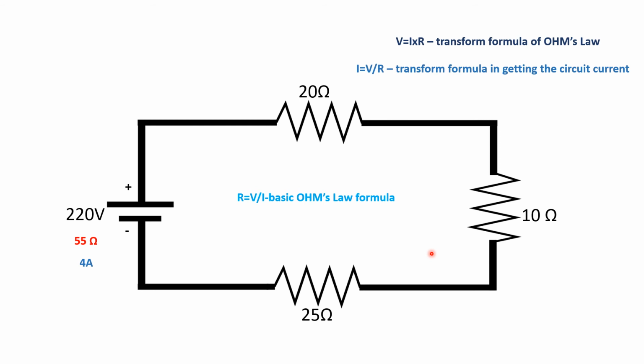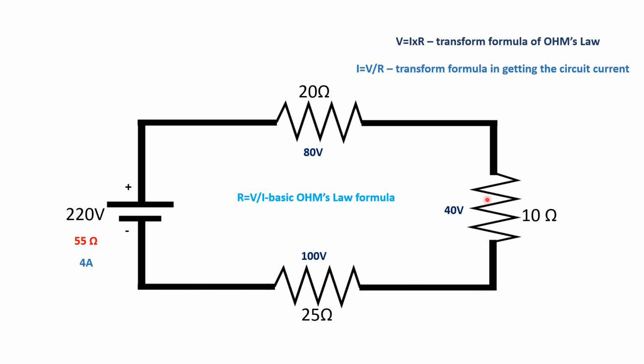All we have to do is take the 4 amperes and use this formula: voltage is equal to the current times the resistance. So 4 times 25 is equal to 100 volts. 4 times 10 is equal to 40 volts, and 4 times 20 is equal to 80 volts.